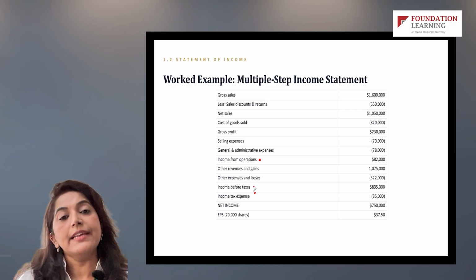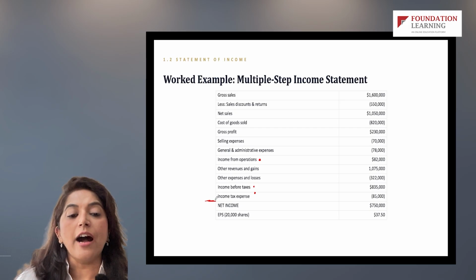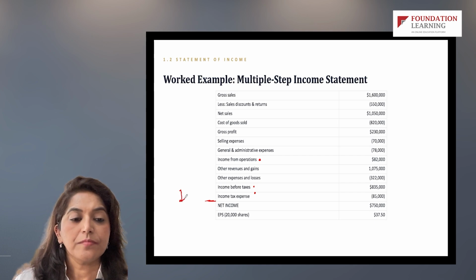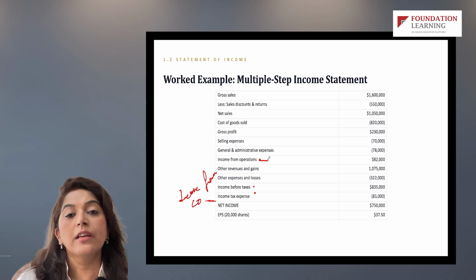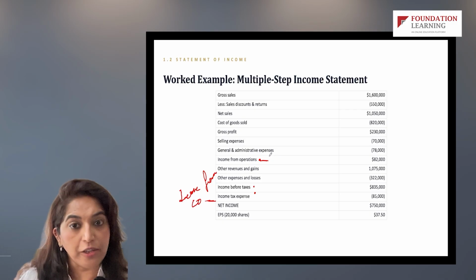Now in case there is discontinued operations, all the line items after the income from continued operations, after this line item, all the other line items are presented net of tax.